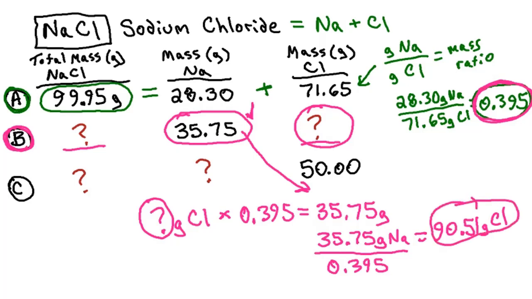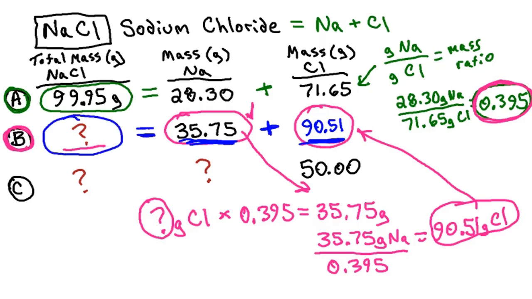So that's going to fill in our question mark over here, 90.51 grams of chlorine. And just like on the top row for sample A, the mass in grams of sodium plus the mass in grams of chlorine is going to equal the total mass in grams of sodium chloride.